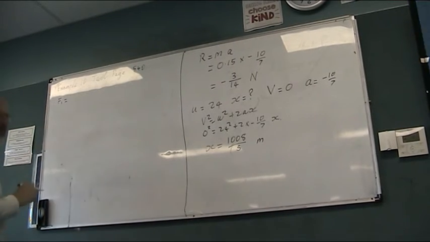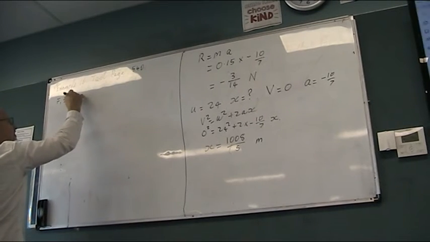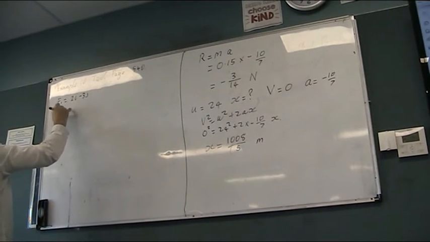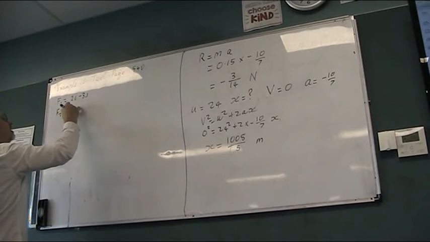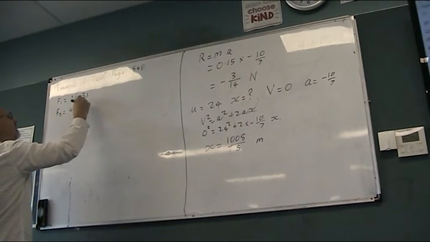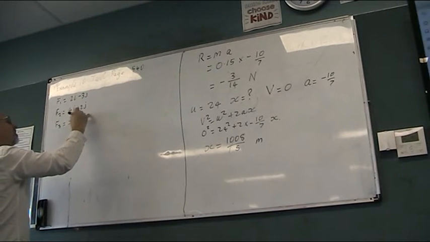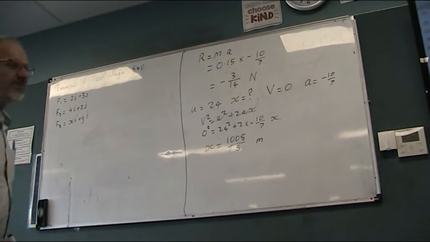Let's write down what we know. F1 is 2i minus 3j. F2 is 4i plus 2j. And F3 is xi plus yj; we don't know what that is at the moment. What else do we know?